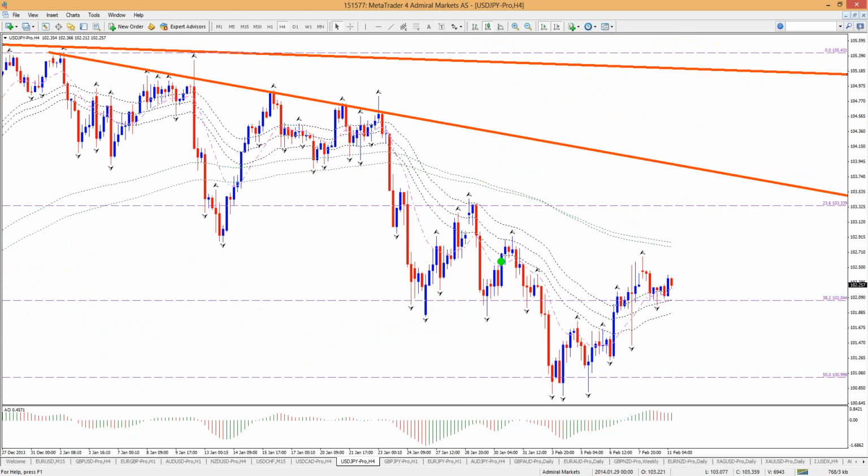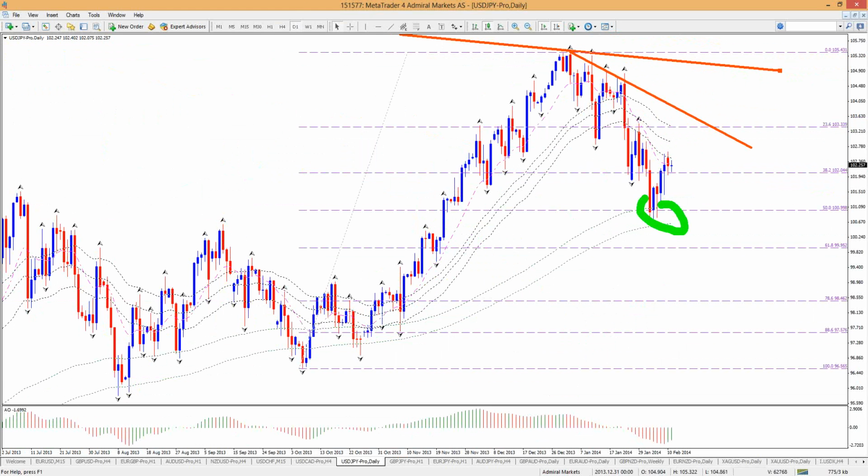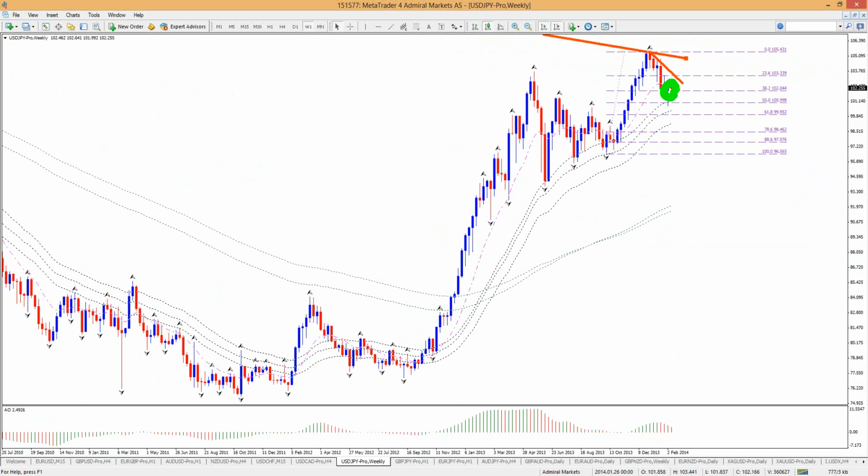And you can see on the 4-hour chart, it's a bit of a mixed picture here on the dollar yen, to summarize it, because we have all these various flows going on. We have a daily bounce at support, but then we have resistance above us. We have a weekly pin bar, that's good, but we have weekly divergence.